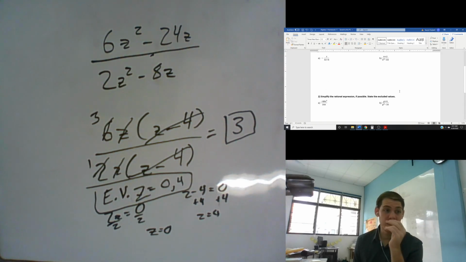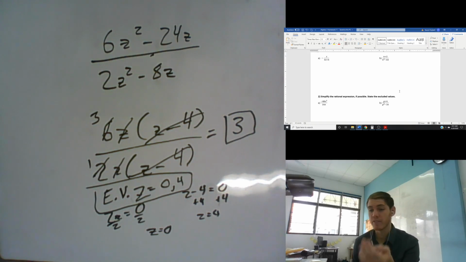The reason for that is because I think it's crucial that it helps you in factoring. You guys will be so much better at factoring the more you practice it. It does take time, obviously.